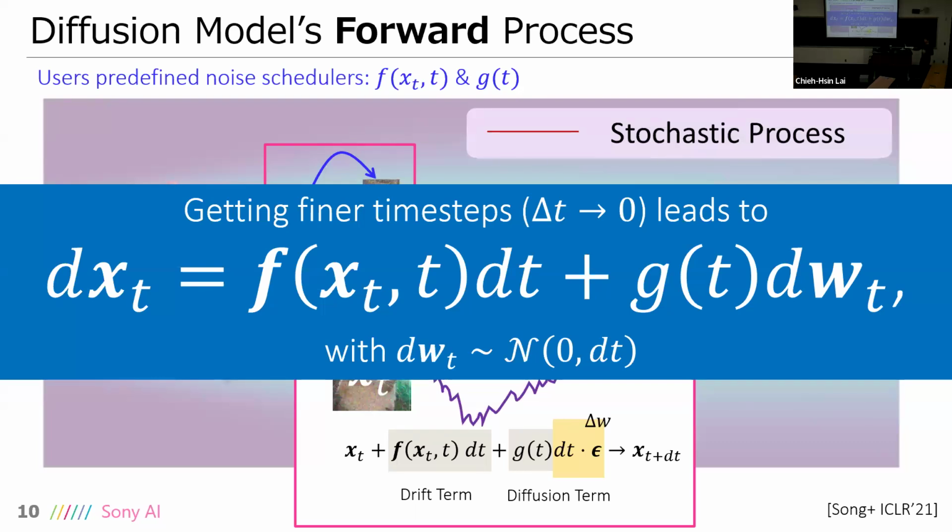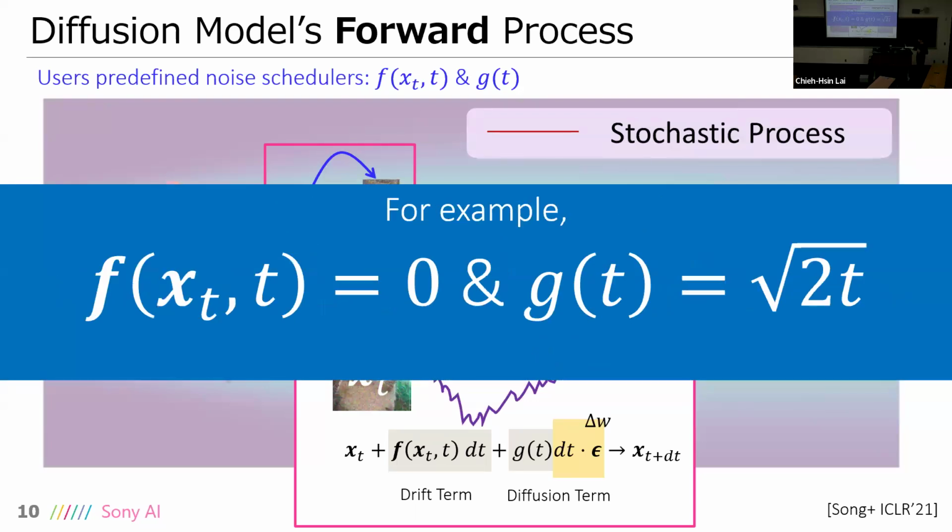But there are certain common choices of F and G. For example, we make the drift term 0 and the diffusion term the square root of 2t. In practice it works well, and people make this kind of choice.